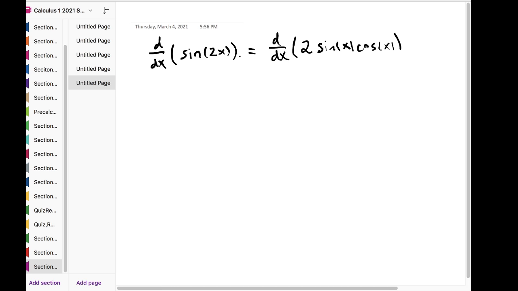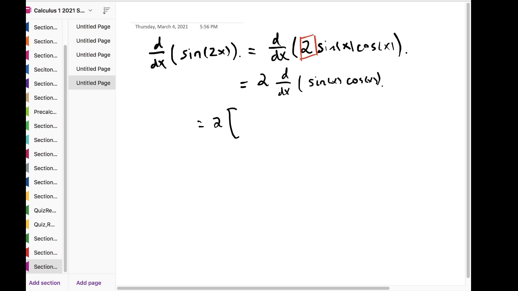And now what? Yeah, product rule. And I would want to take out the 2 first, because it would add unnecessary complication. So it's just the derivative of sine times cosine, and then use the product rule.